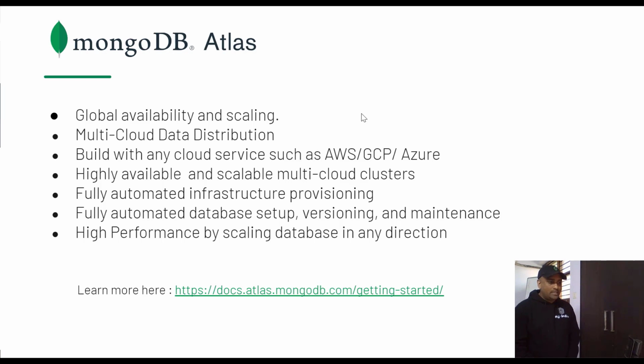It is highly available and scalable for multi-cloud clusters. It is fully automated for infrastructure provisioning, and fully automated for database setup, versioning and maintenance. It is very high performance by scaling up your data in any direction. If you are interested, you can learn more about MongoDB Atlas at the URL given here.